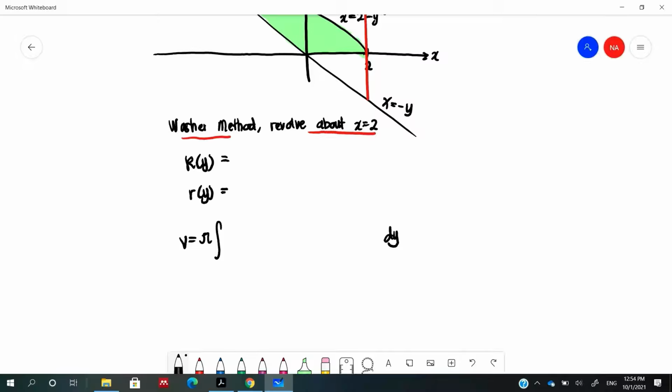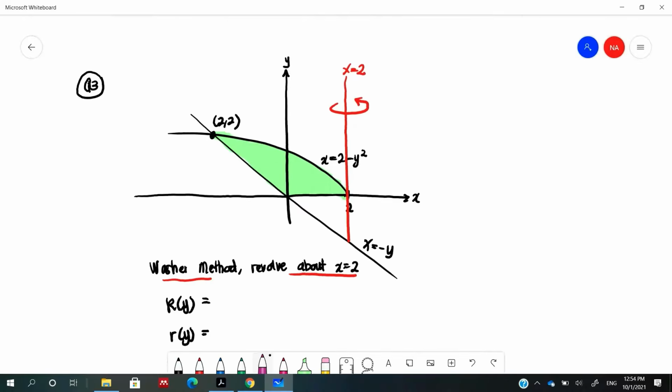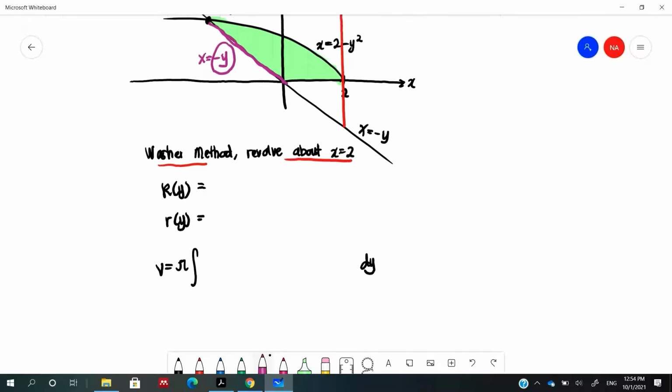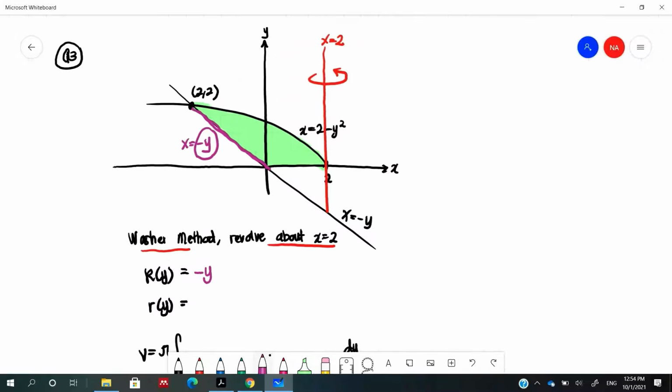Now the outer radius should be the one that is further from the axis of rotation, of course, this one. So x equals negative y. This one is the outer radius. Because the axis of rotation is at the right side of this region, we should have the axis of rotation first.